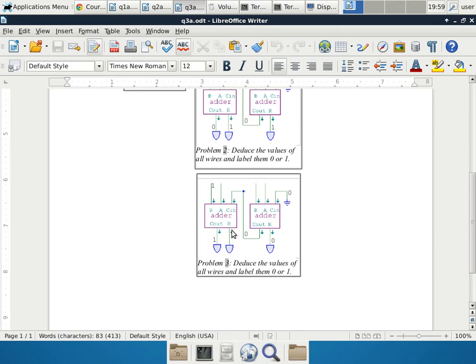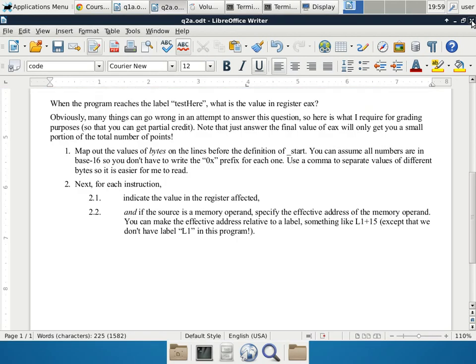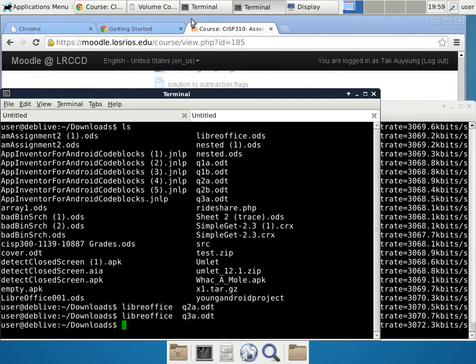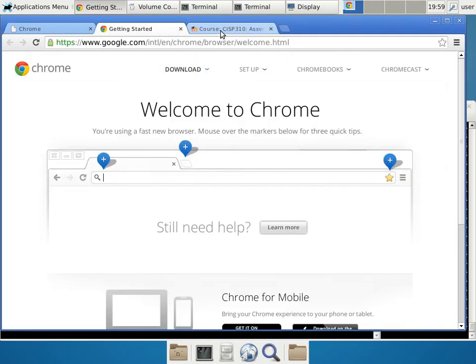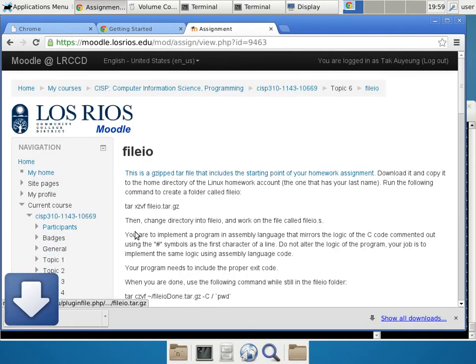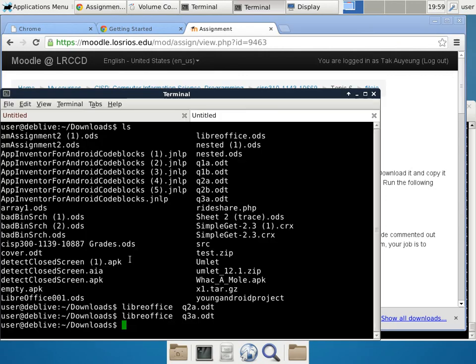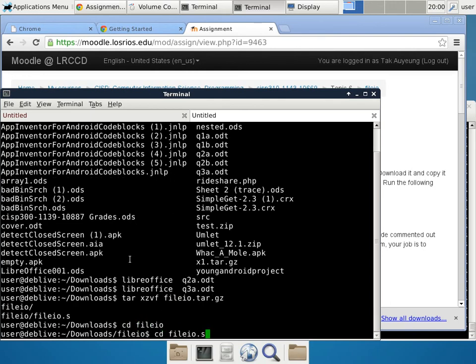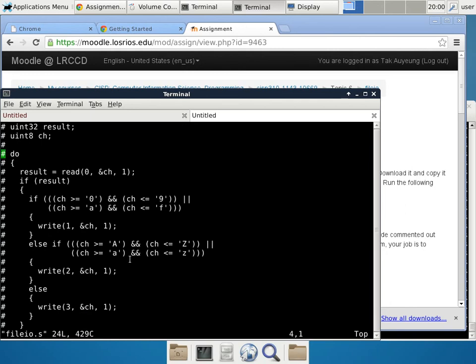Okay, let's take a look at the homework assignment first, so this way we have a reference point. So I'm going to close this, and close that. All right, so we are now in file IO. All right, so here we have the pseudo C code.